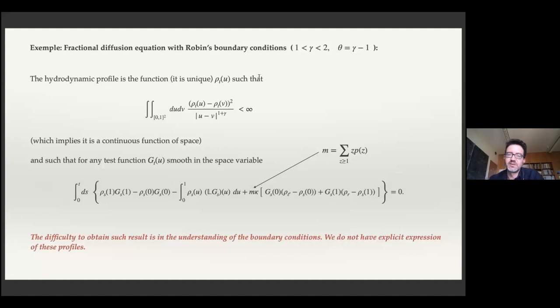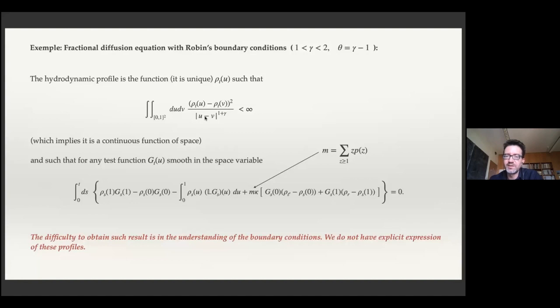which defines rho t. What I mean by that is that I claim that the hydrodynamic profile is a function of time and space, which satisfies some integrability condition in order that I can define all the objects which will appear. So you see, if you want, for example, to define the regional fractional Laplacian applied to the function rho, you need some kind of regularity of the function, because you need this integral to be finite.